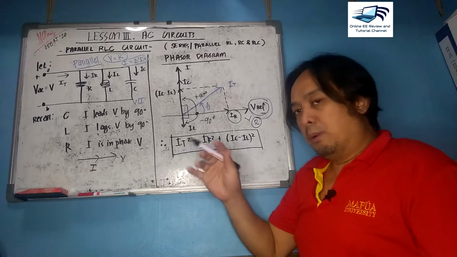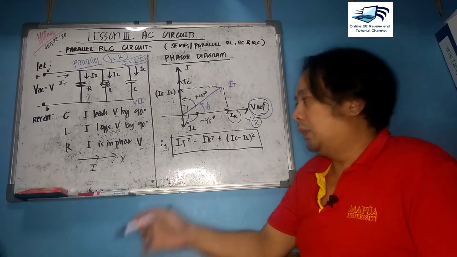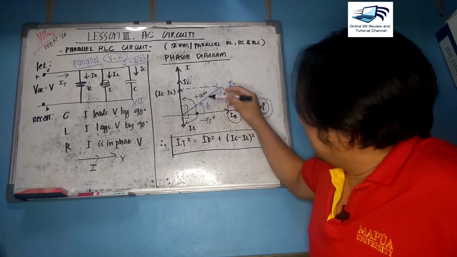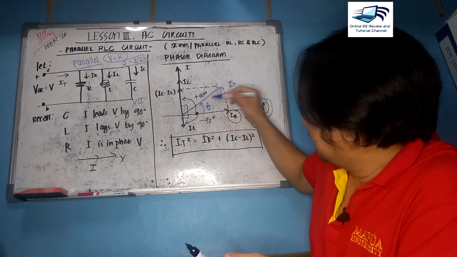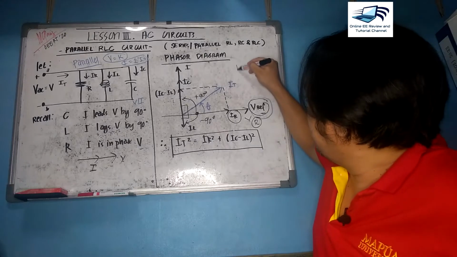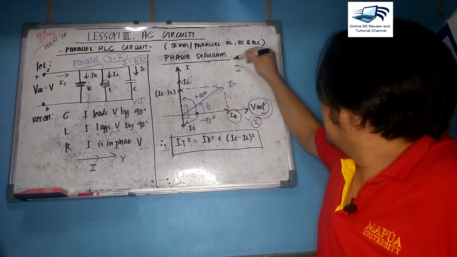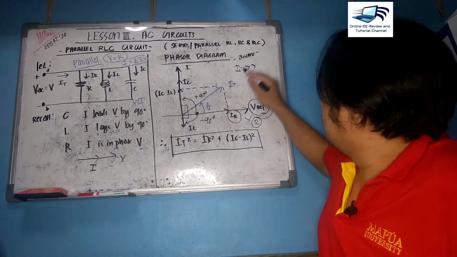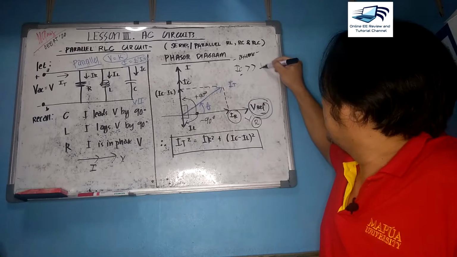I forgot to mention this from the previous slide, but I take this opportunity now, that this angle theta here, as you can see, assumes again that IC, the capacitor current, is greater than IL.